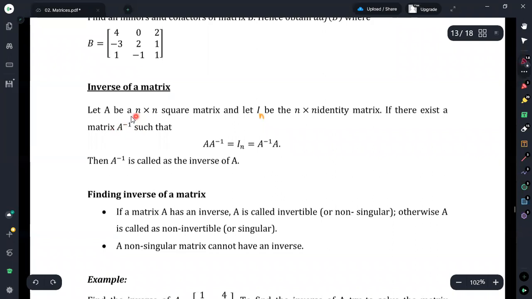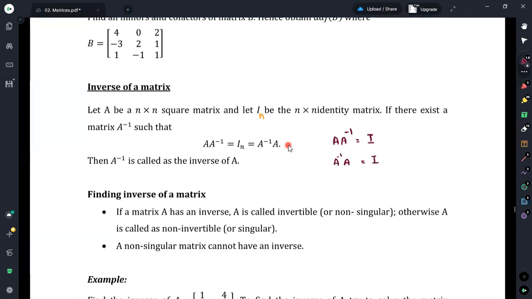There are some possibilities of this inverse matrix not existing. Therefore, if there exists a matrix which is said as A inverse, then this equality has to be satisfied. The equality is given as A times A inverse is equal to matrix I, or else we can say it as A inverse times A equals matrix I.